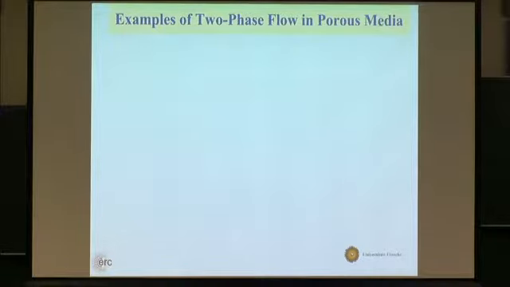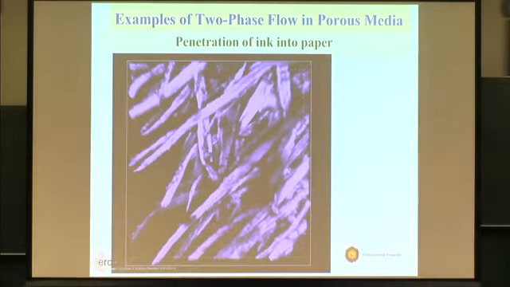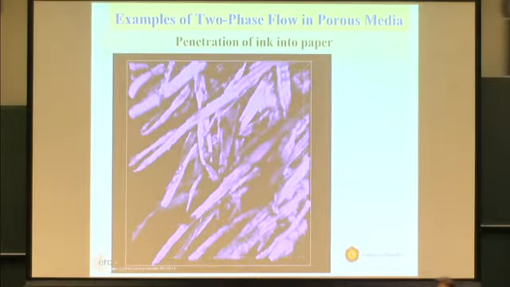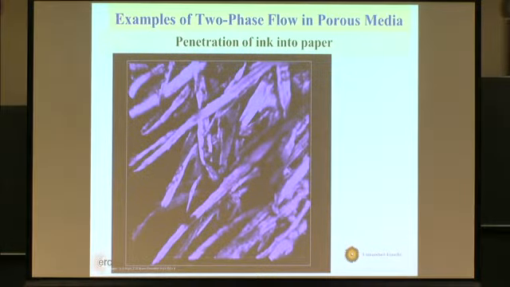environmental pollution problems where organic liquids seep into the soil and groundwater. But there are a number of other very interesting applications of two-phase flow that I myself have gotten interested in, and I have projects. For example, penetration of ink into paper.